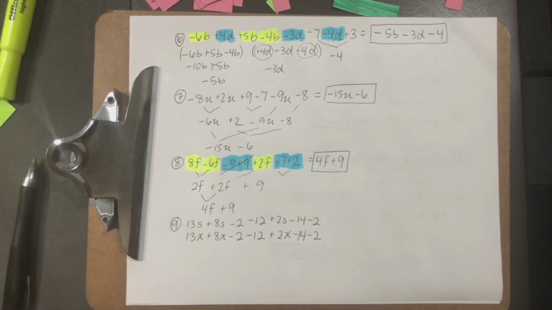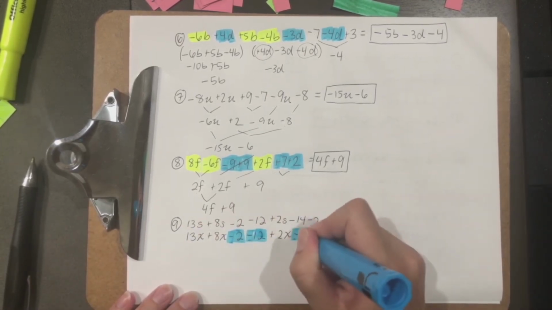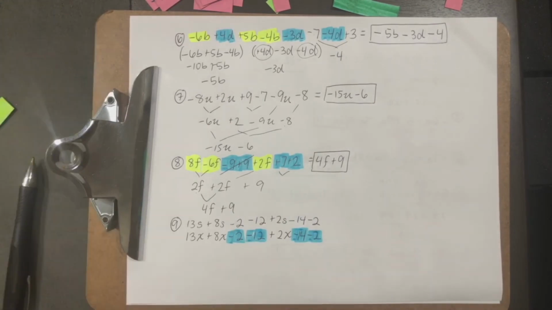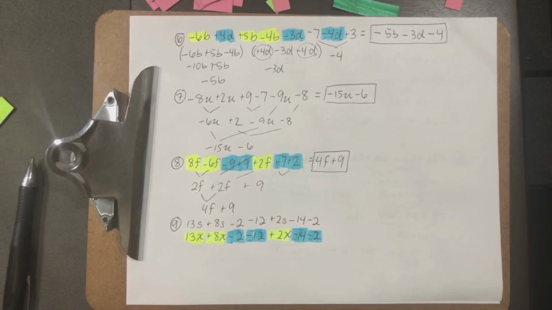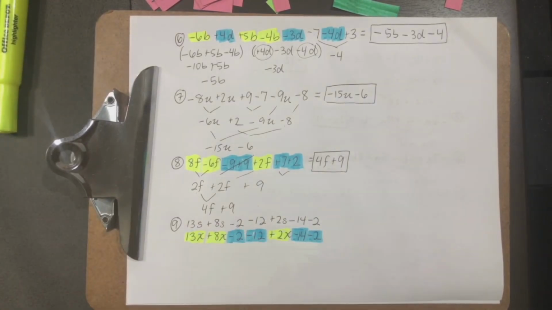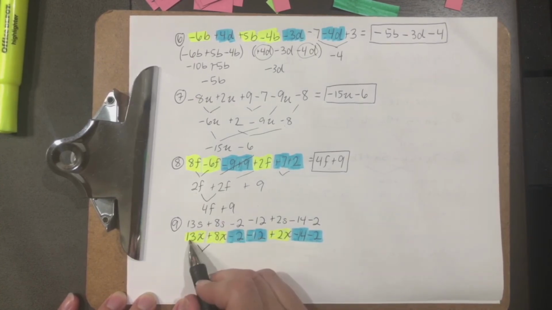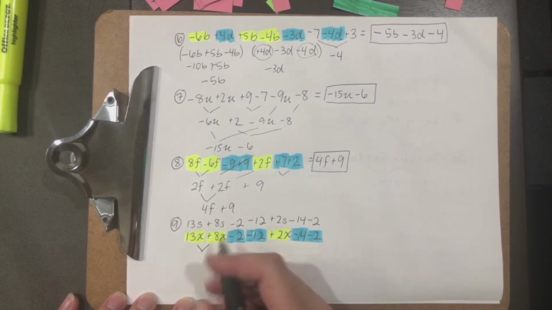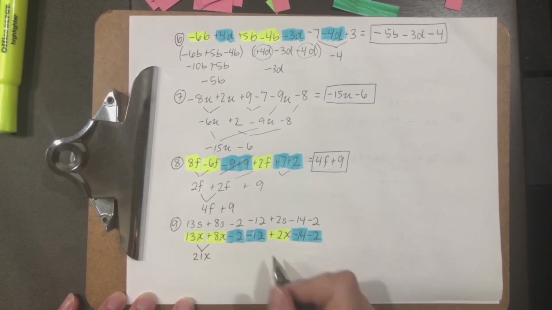Okay, let's highlight. Again, including the sign in front of the number. Okay, let's do the 13 plus 8. Well, 12 plus 8 would be 20, so we need another 1 there. 21x.